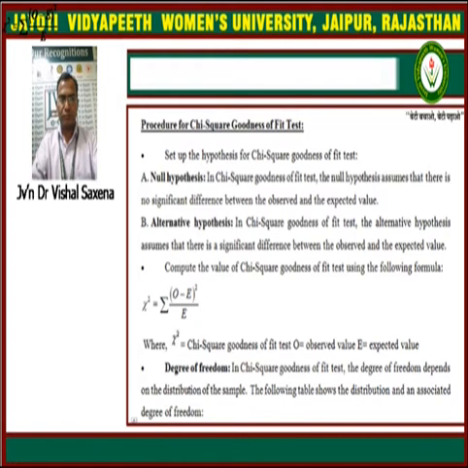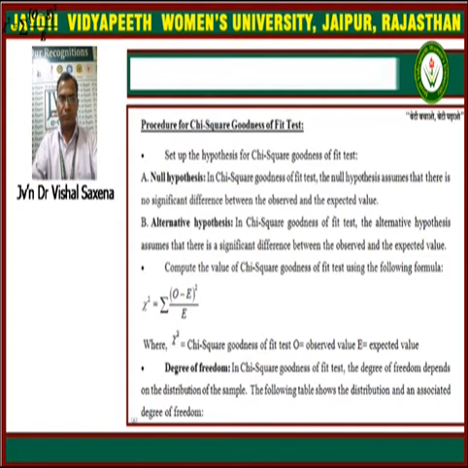Next we compute the chi-square statistic, written as chi-square, with the formula summation of (O minus E) whole square upon E, where E represents the expected value and O represents the observed value.